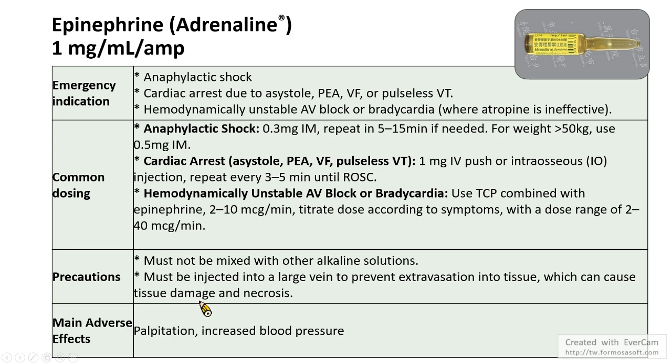And then let's look at epinephrine, which has a lot of common emergency indications, such as anaphylactic shock, and also during cardiac arrest, to help with each of these rhythms: asystole, PEA, ventricular fibrillation, or pulseless VT.